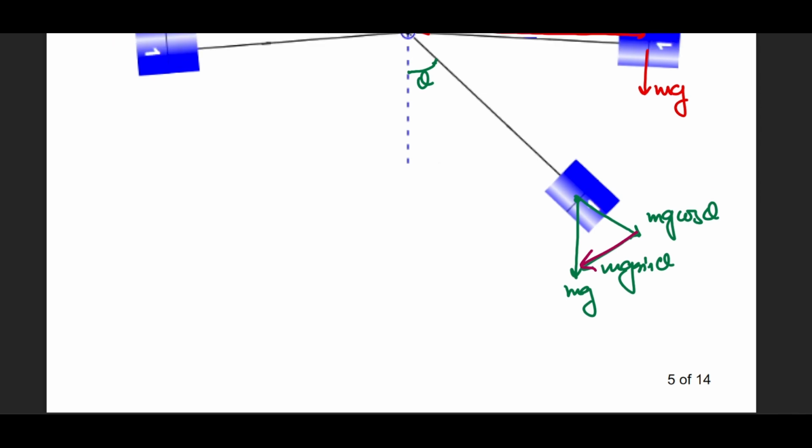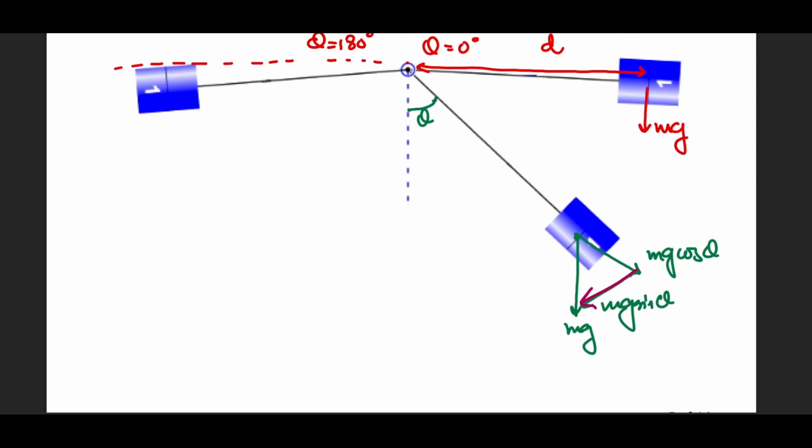Moment generated with the distance. This is our distance, from this point to this point. And perpendicular to the direction of the distance is actually mg sin theta, right? We can see that sin theta, or the angle, is reducing. So when it eventually comes to this point, the mg is downwards.